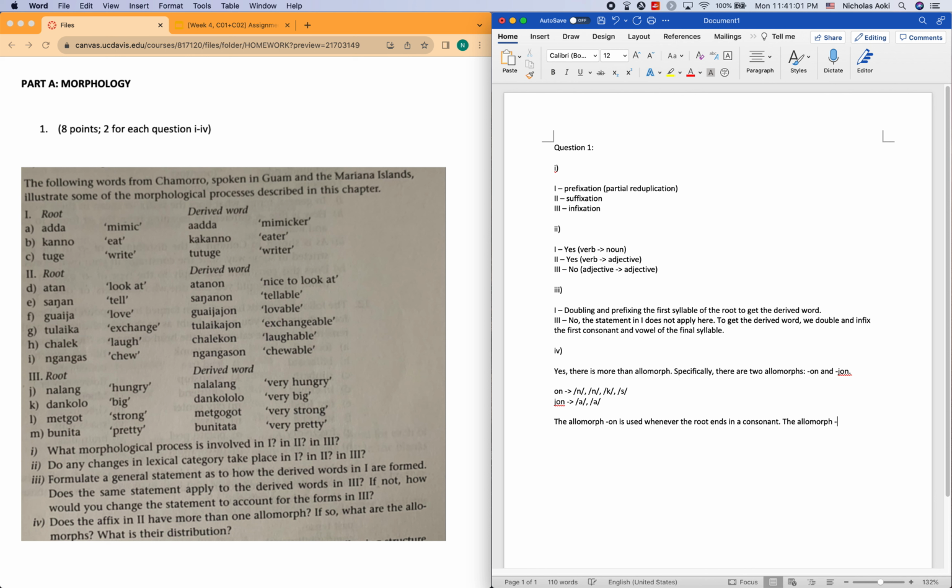The allomorph yon is used whenever the root ends in a vowel.